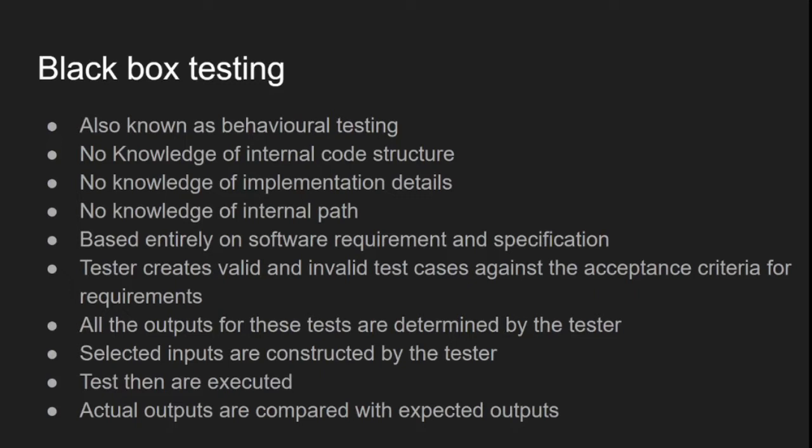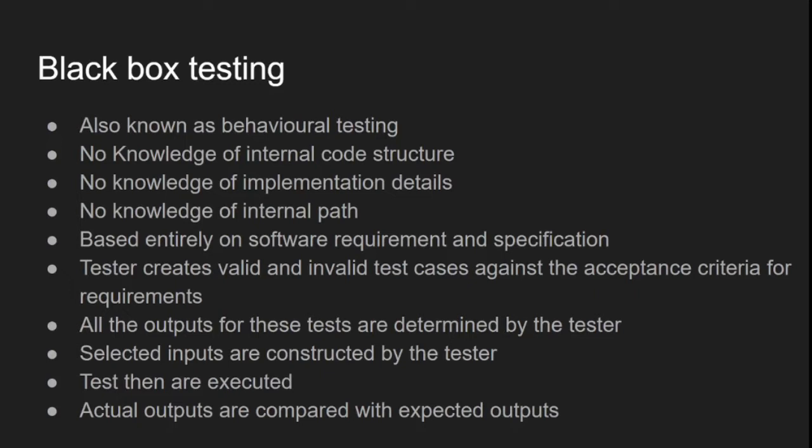So at the requirement level, when the BA writes the requirements, as a tester, we would create valid and invalid acceptance criteria against the requirement. All the outputs of these tests are determined by a tester. So again, valid and invalid inputs, and what the expected outputs are for each acceptance criteria.